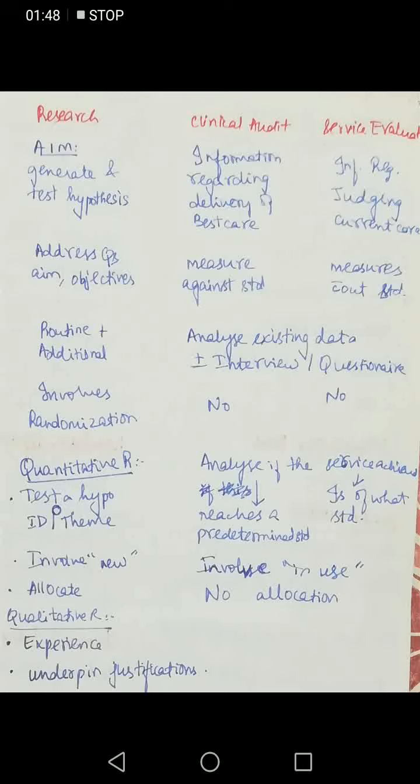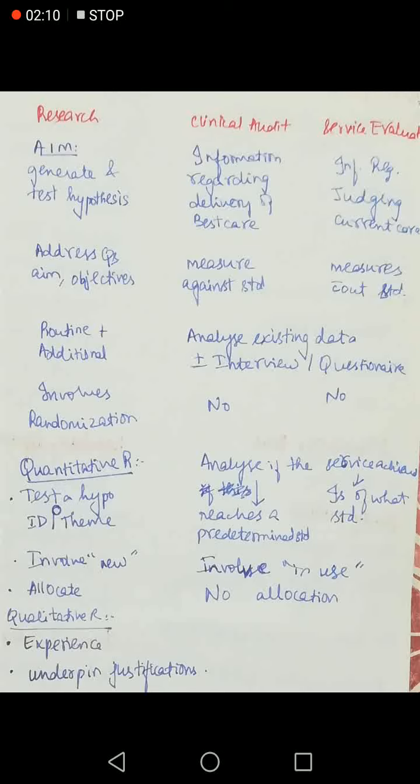If it is reaching a predetermined standard, it's called clinical audit. If it is just identifying what the standard is, what standard it is achieving, so we don't compare it with anything, we measure what it is doing, that is a service evaluation.